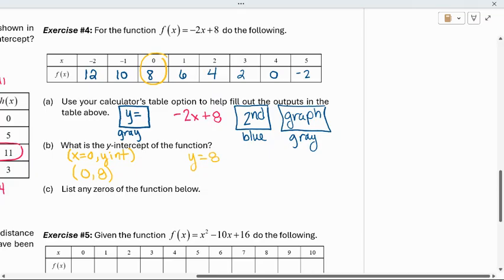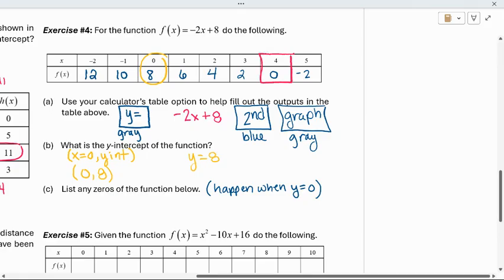Okay. What are the zeros of the function? Remember, the zeros happen when y equals 0. So where is this graph crossing the x-axis?